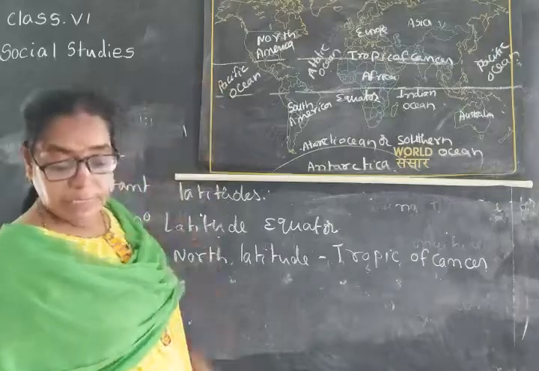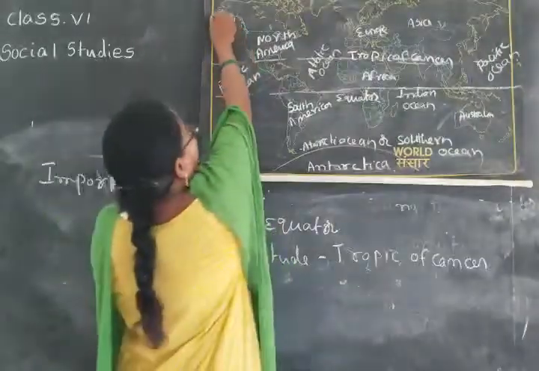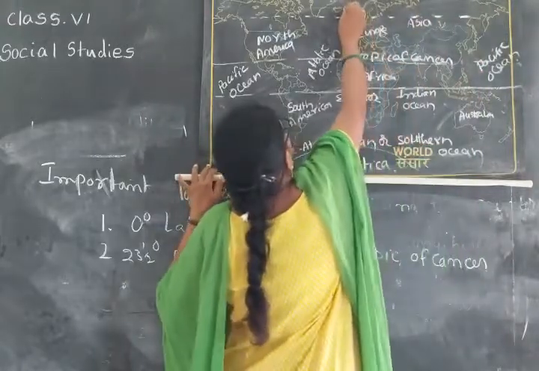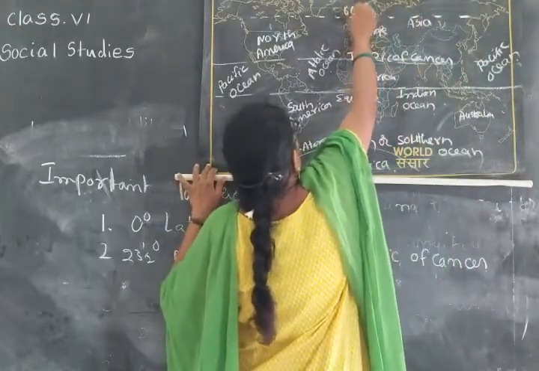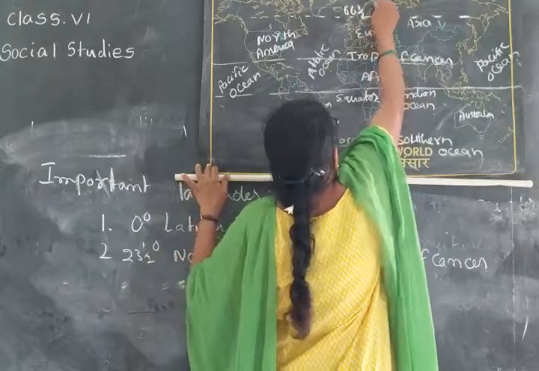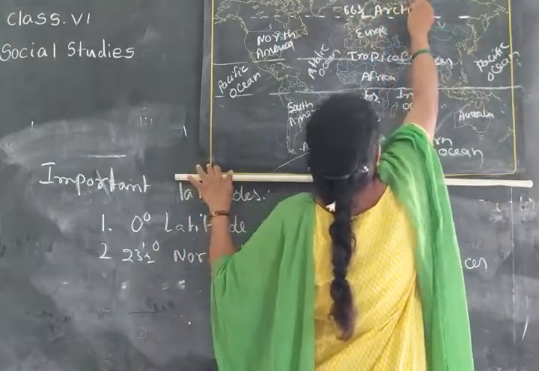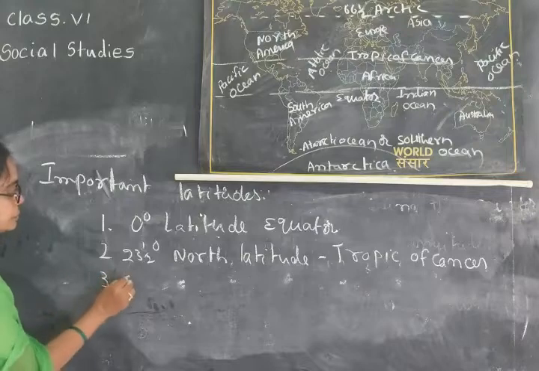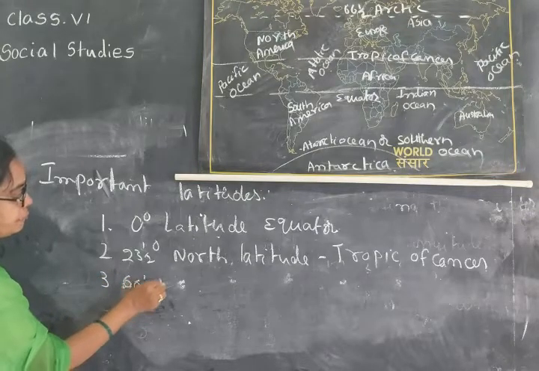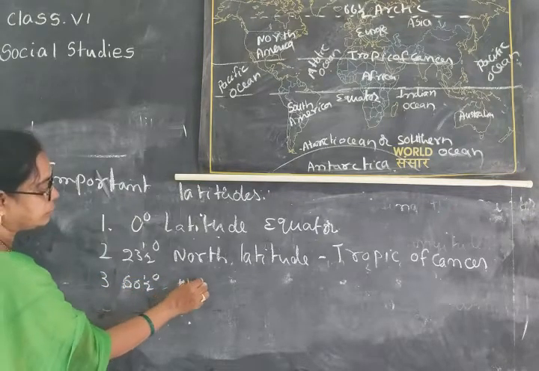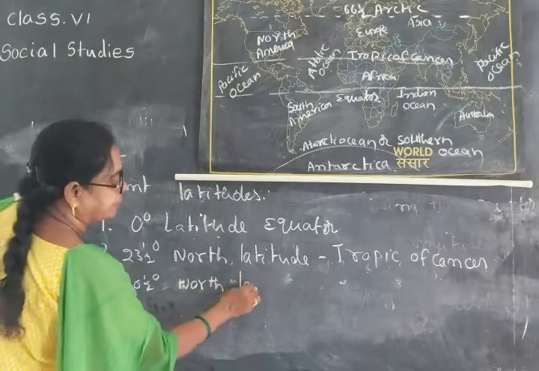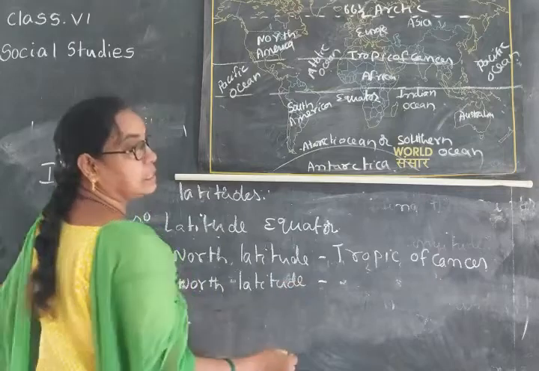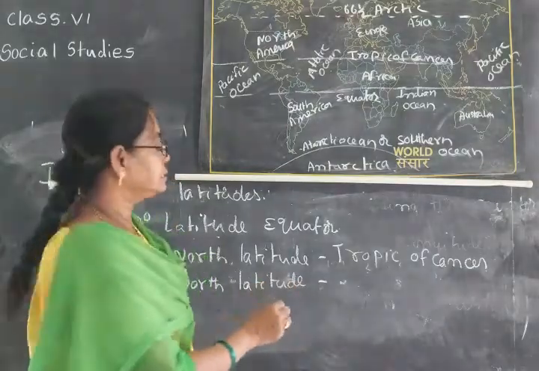Next one is 66.5 degrees north latitude, called the Arctic Circle. 66.5 degrees north latitude is the North Arctic Circle.